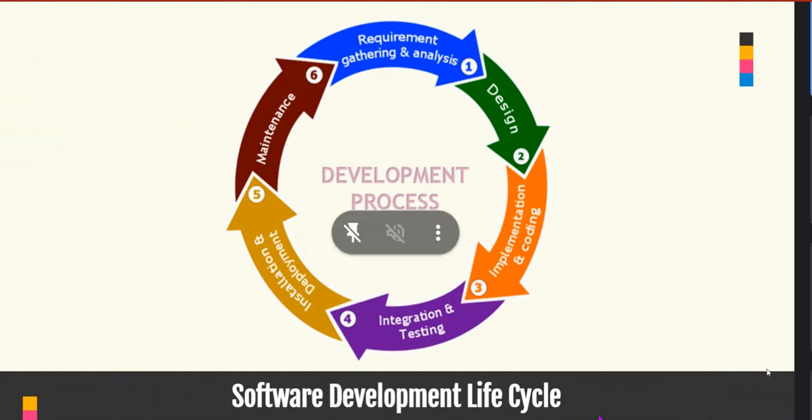implementation and coding, testing, deployment, and maintenance. So first, in requirement analysis, this phase is like a critical phase where the information gathered will be converted into clear requirements for the development team in the document format, such as software requirement specification document or use case document.